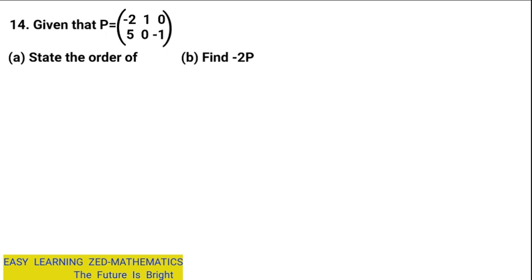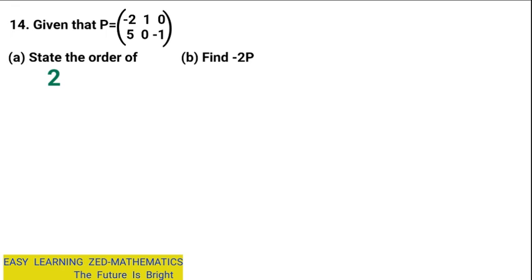So the order of this matrix is, when you are writing the order of matrix, you start by counting the number of rows. And now these rows, these are lines of numbers. Rows are lines of numbers that lie horizontally. So in this matrix, -2, 1, and 0, they form a row of this matrix, and 5, 0, -1, they form another row of matrix. So this matrix has got 2 rows.